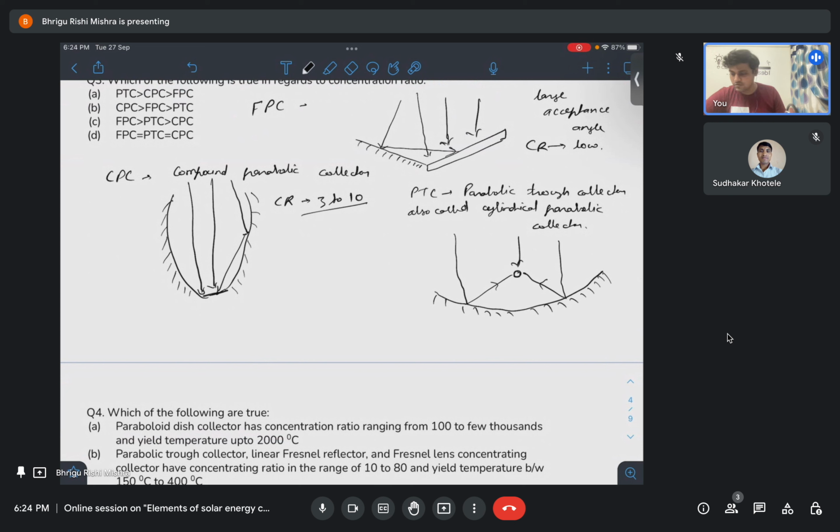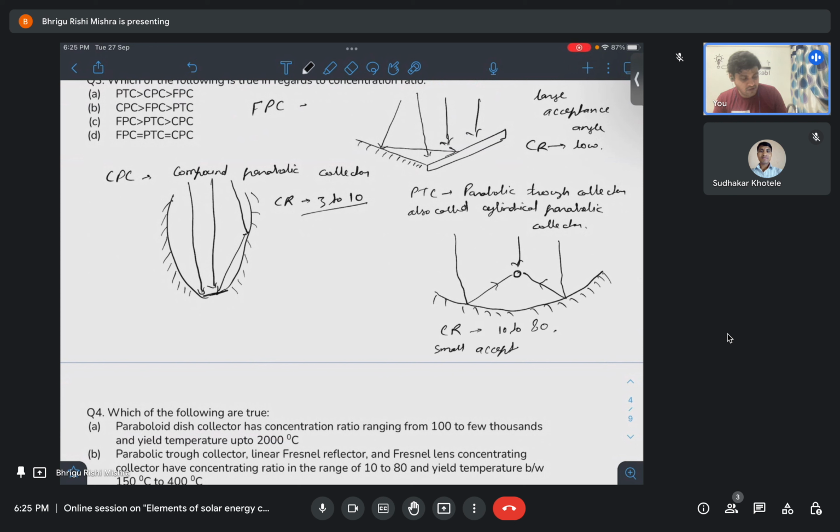So the concentration ratio of this PTC ranges from 10 to 80, which is very high, and it also requires tracking, and it has a very small acceptance angle.